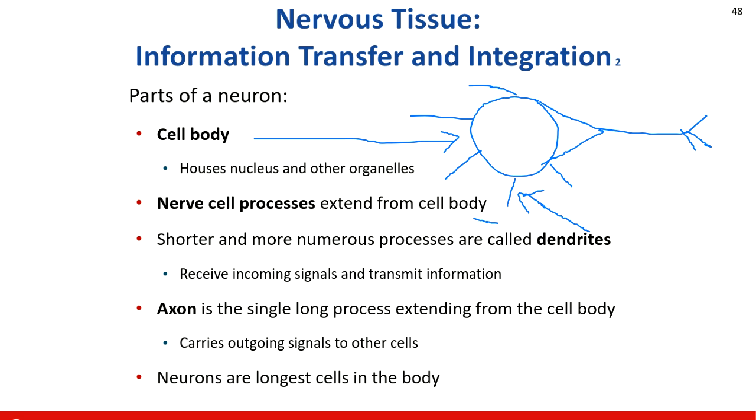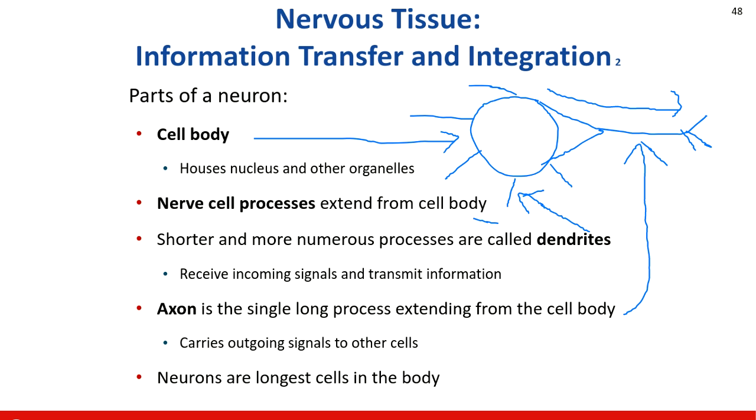So those smaller processes are called dendrites. Then you're going to have one big process that comes off the neuron, and that's referred to as the axon. When your neuron starts to generate a nerve signal, it's going to transmit it down the axon.